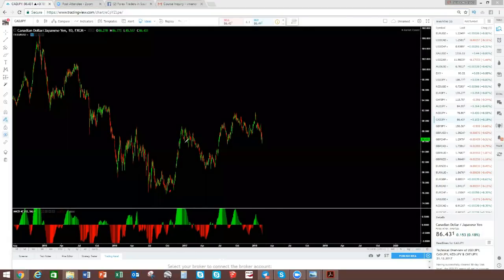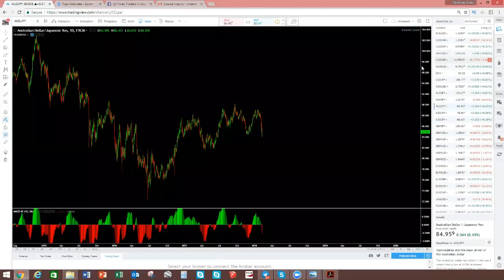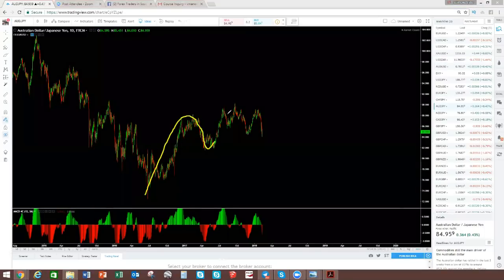CAD also interesting. 1, 2, 3. We're looking for possibly this for a move to the upside. AUDJPY, same as CAD. As you can see, 1, 2, 3.